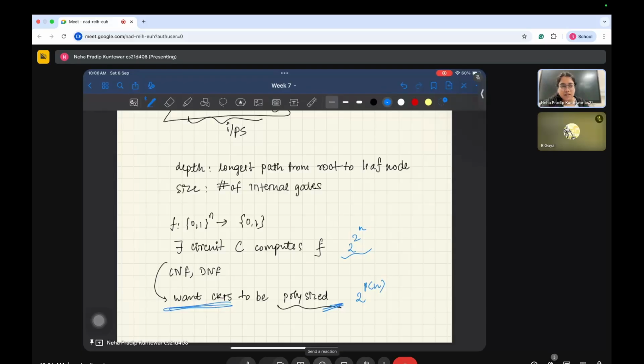So by a simple counting argument, we know that this is not possible. So there are functions that are hard, that is, they require large circuits, right?